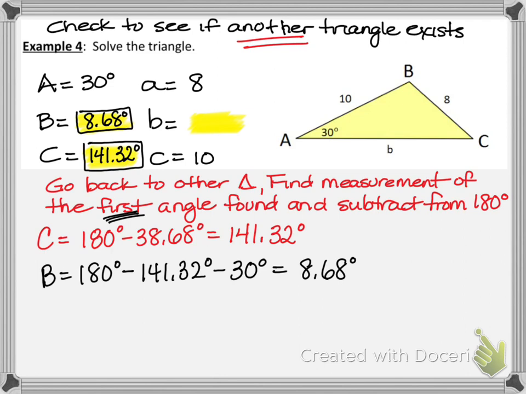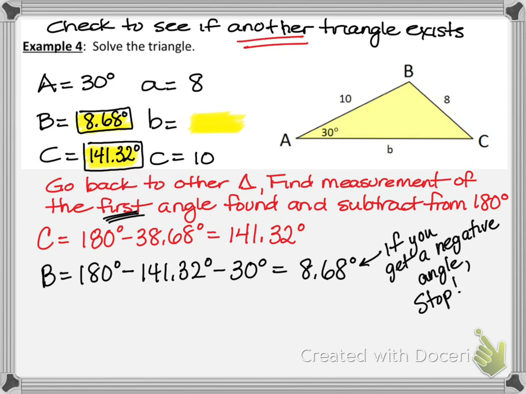Now, here's what I want you to understand, okay? If for some reason you get a negative angle, anytime you get a negative angle, that's wrong, okay? If you get a negative angle, then stop. You don't need to go any further. If you know that the work you typed out was all correct and you end up with a negative answer, just stop.